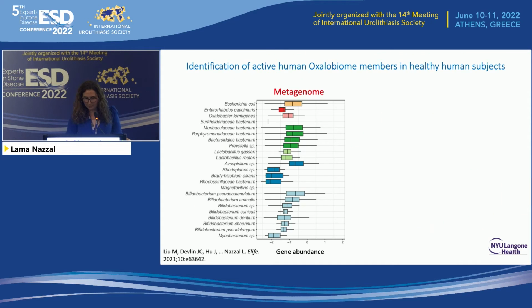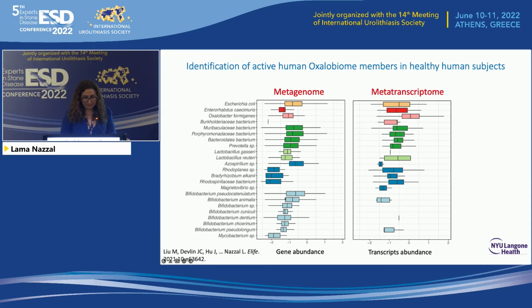So first, we looked at the metagenome, and we found that there is a large number of bacteria, including Oxalobacter here, that have the oxalate degradation enzymes in their genomes, including Lactobacillus, Bifidobacterium, different species.